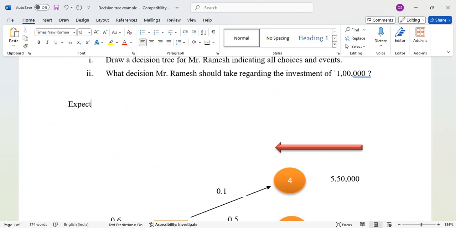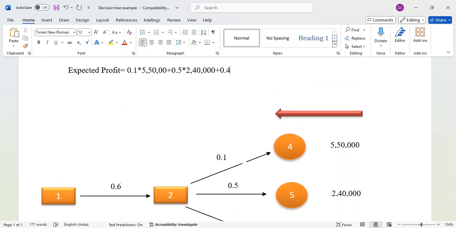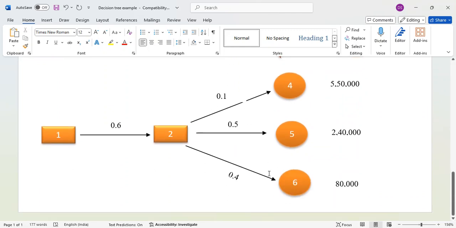The expected profit, going in the backward direction, is 0.1 multiplied by 5,50,000 when the person is investing in the large market potential area, plus 0.5, this is the expected profit on the basis of the probability of success, times 2,40,000, plus 0.4 times 80,000.